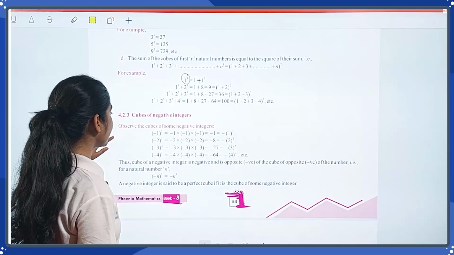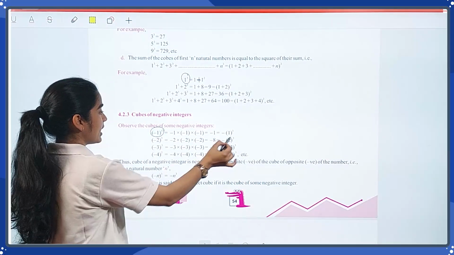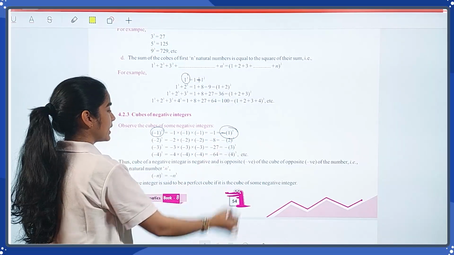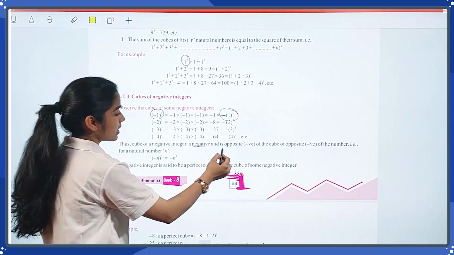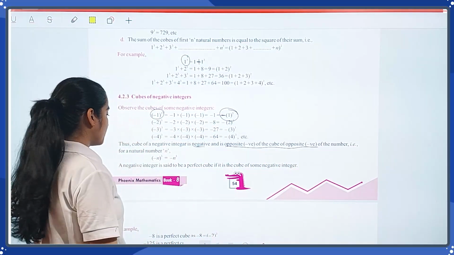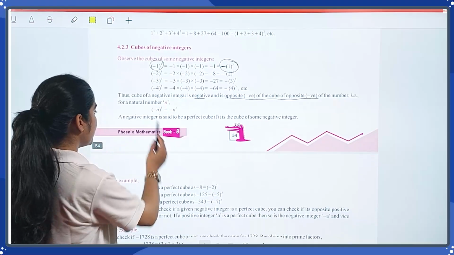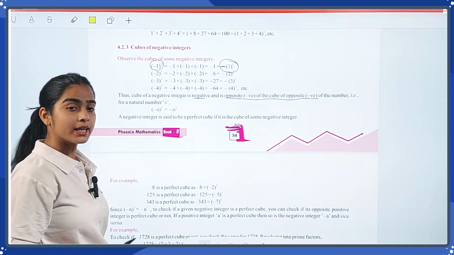Now, cubes of negative integers. I already told you that if we have negative integers, the end product is also negative. Thus the cube of a negative integer is negative, the opposite of the cube of the corresponding natural number. A negative integer is said to be a perfect cube if it is the cube of some negative integer.